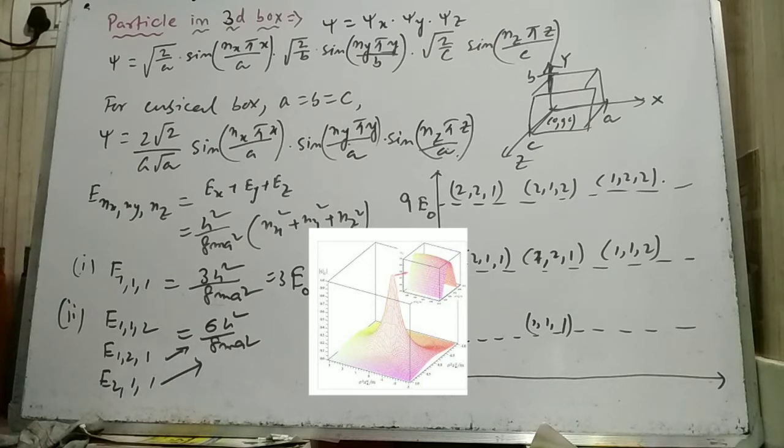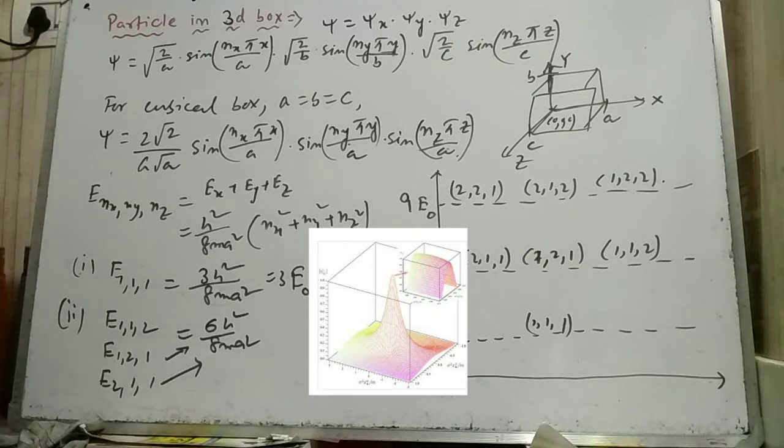The potential energy of the particle within the box is 0, while the potential energy at the boundaries and outside the box is infinity. Now the wave function of the particle depends on the coordinates.